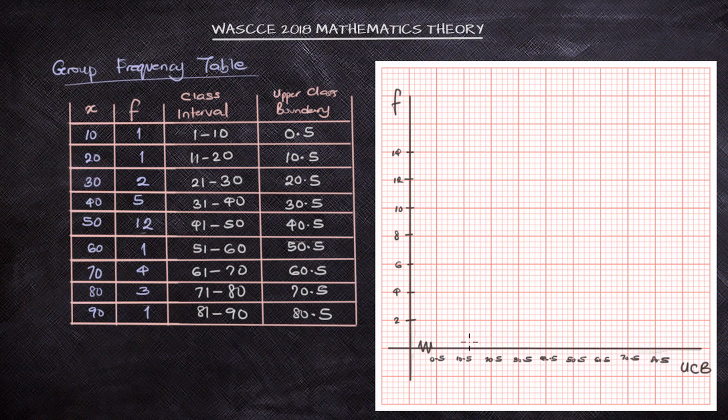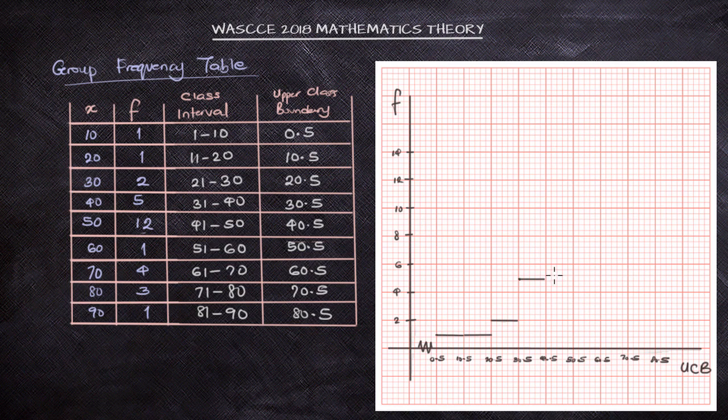Now, if you want to draw this as a histogram, when the frequency is 1, my upper class boundary is 0.5, and then when it's 10.5, it's still the same one. It is 2 when I'm going to 20.5. It is 5 when I'm going to 30.5.